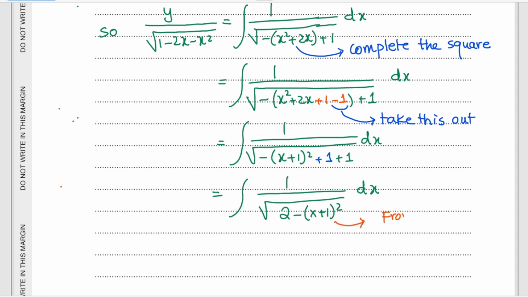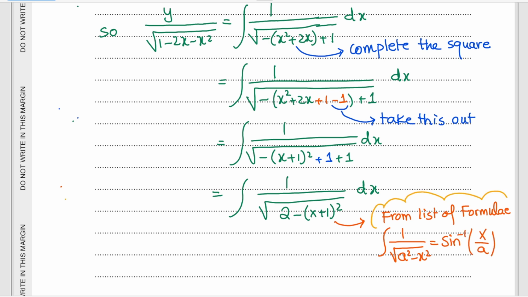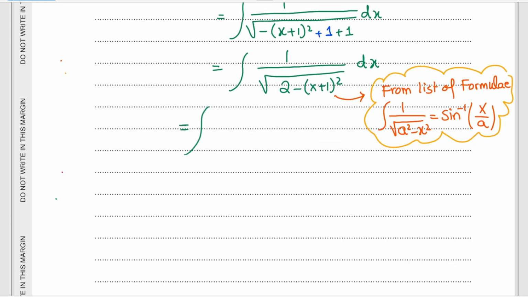Now I need to match this from the list of formulae. So from the list of formulae, I get the integral of 1/√(a² - x²) equals sin⁻¹(x/a). To match this with our expression, notice that 2 can be written as (√2)².